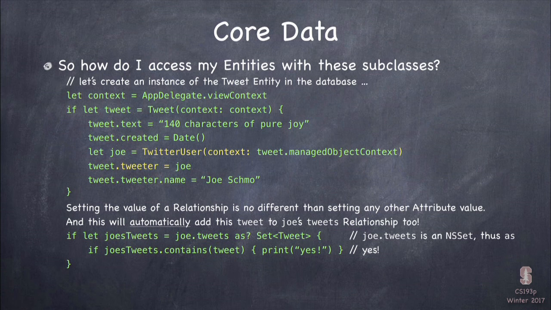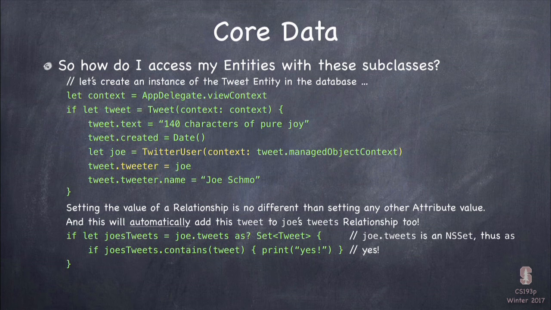So that means, for example, if I say tweet.tweeter equals Joe, then if I went over to the Joe side and say, hey, give me Joe's tweets, and I'm even going to turn it from an NSSet into a Swift Set of Tweet, because we know that's what tweets are. Then I can say, if Joe's tweets contains that tweet, print yes, and of course it is going to print yes.